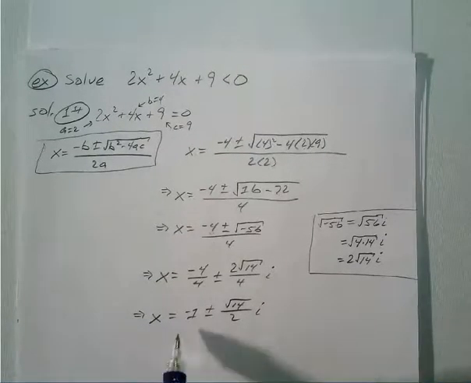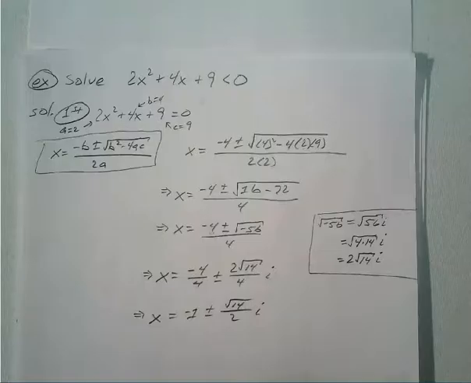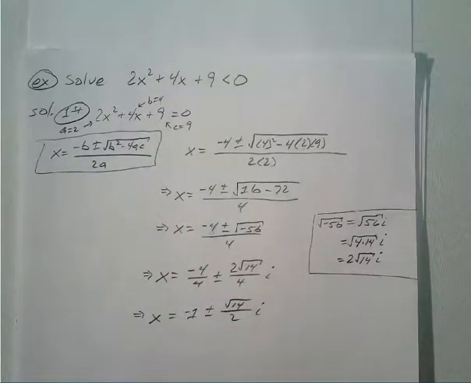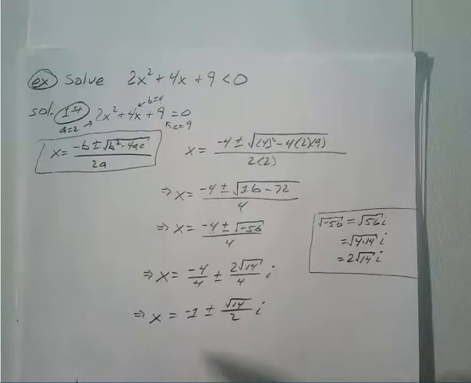Now, the one thing we can tell here is you have a complex solution, but because you have a positive a value, we know that the parabola opens up on the graph. So what we're going to do is draw a quick graph of what that would mean.